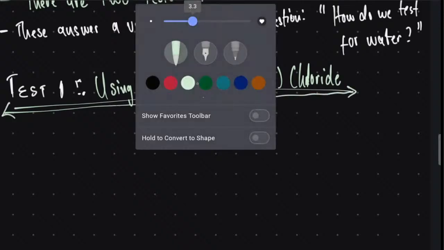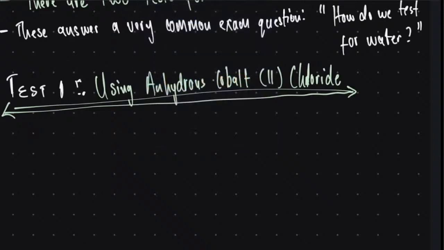This is the first test for water, using anhydrous cobalt 2 chloride.